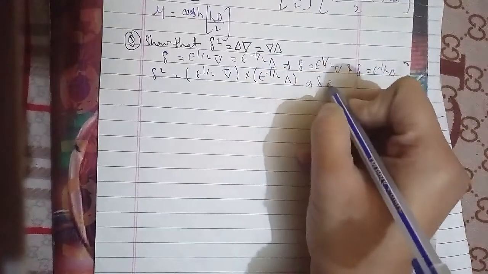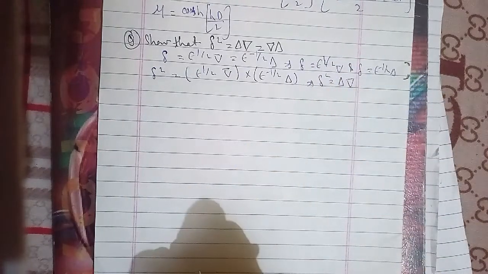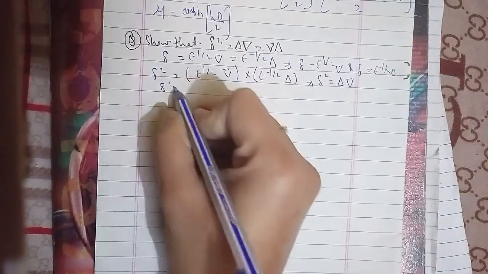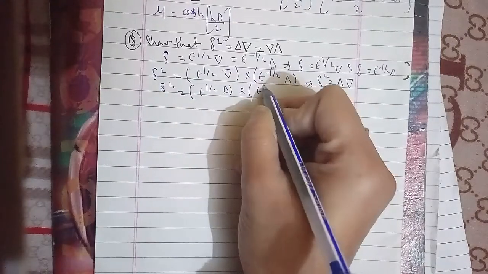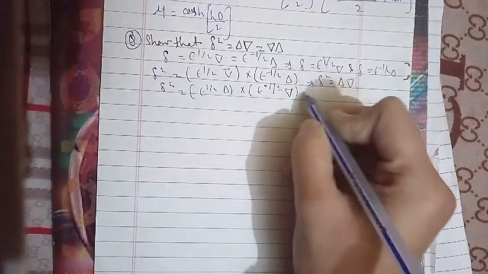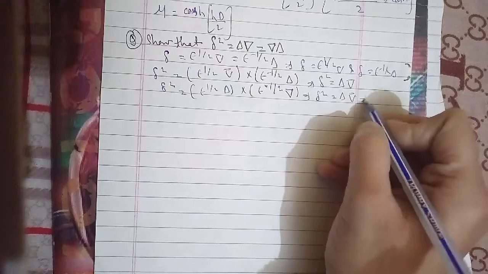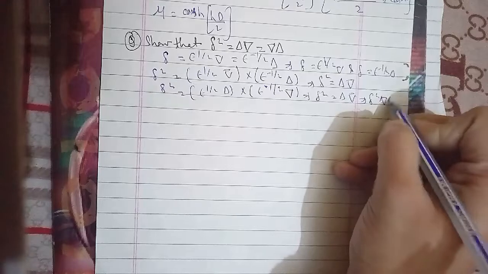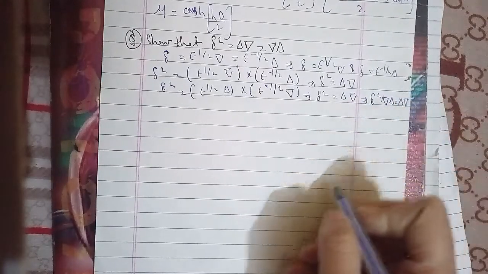So further it will be equal to Δ into ∇. Now since the product is associative, we can write the equation δ square equals E to the 1 by 2 Δ into E to the minus 1 by 2 ∇, which equals Δ into ∇, and further it equals ∇ into Δ, which equals Δ into ∇, that we get here.